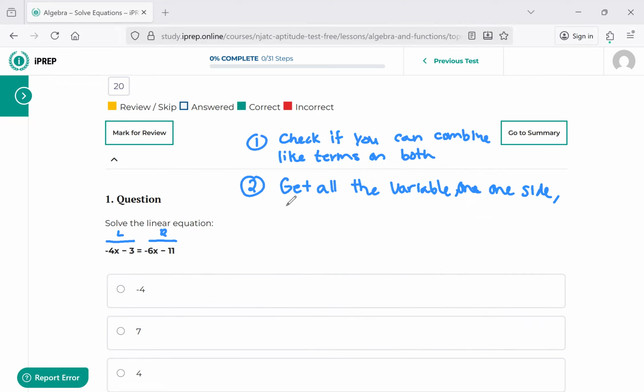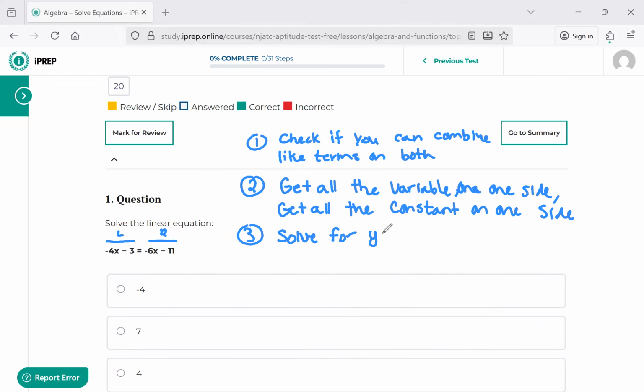The same thing with constants, get all the constants on one side. Then what you want to do is solve for your variable. So it's really just three simple steps.